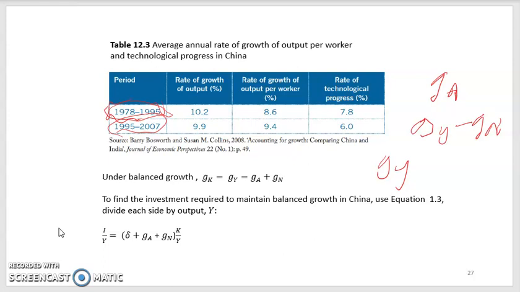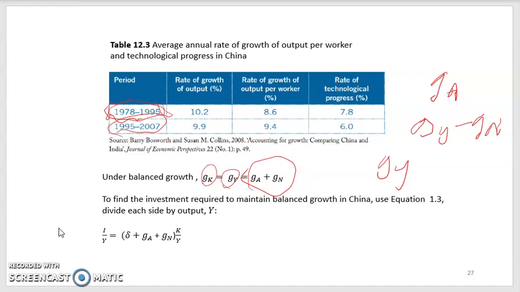We can look at this in another way. Recall from table 12.1 that under balanced growth, growth of capital is equal to the growth of output, as well as the growth of effective labor.